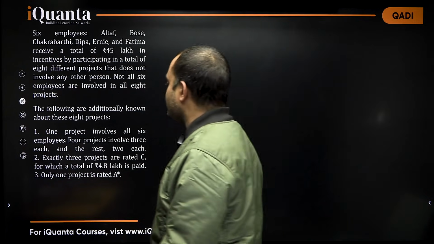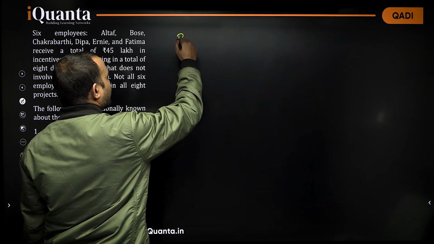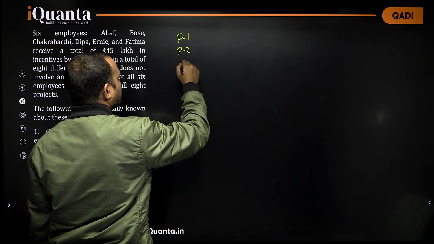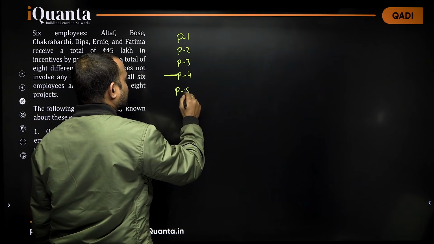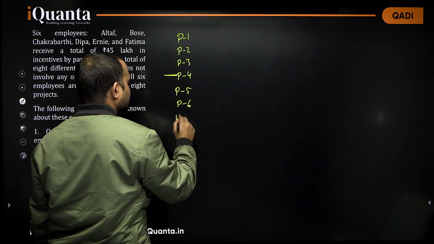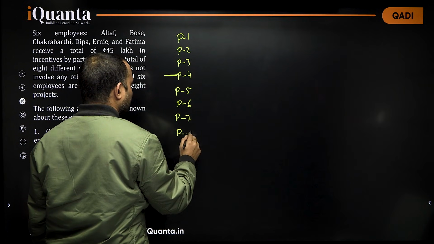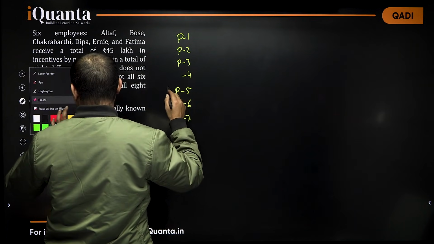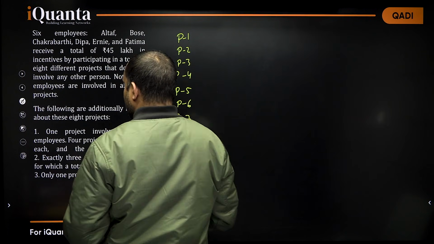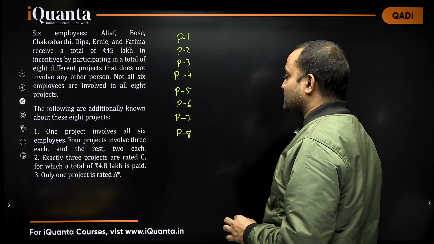So we have 8 projects. Project 1, project 2, project 3, project 4, project 5, project 6, project 7 and project 8. These are the 8 projects. And it says that one project involves all 6 employees.